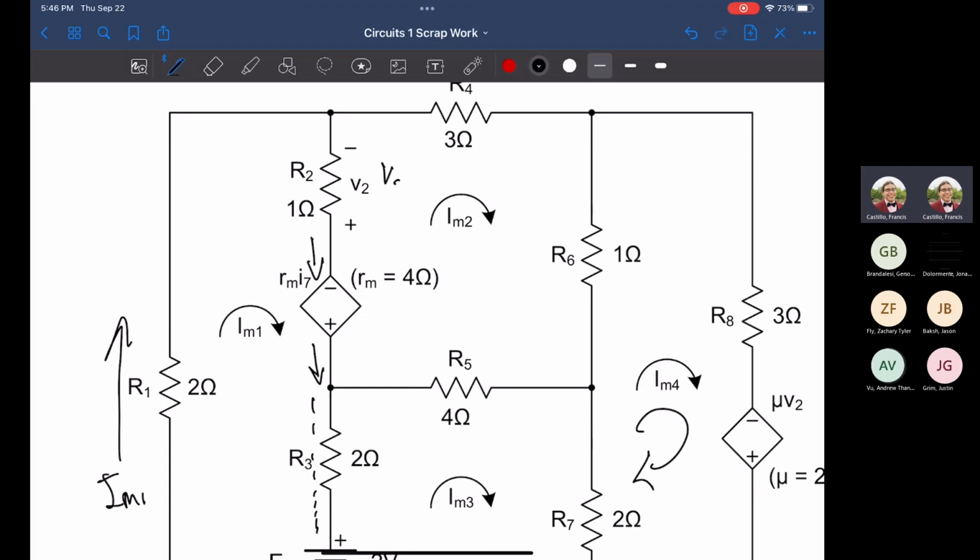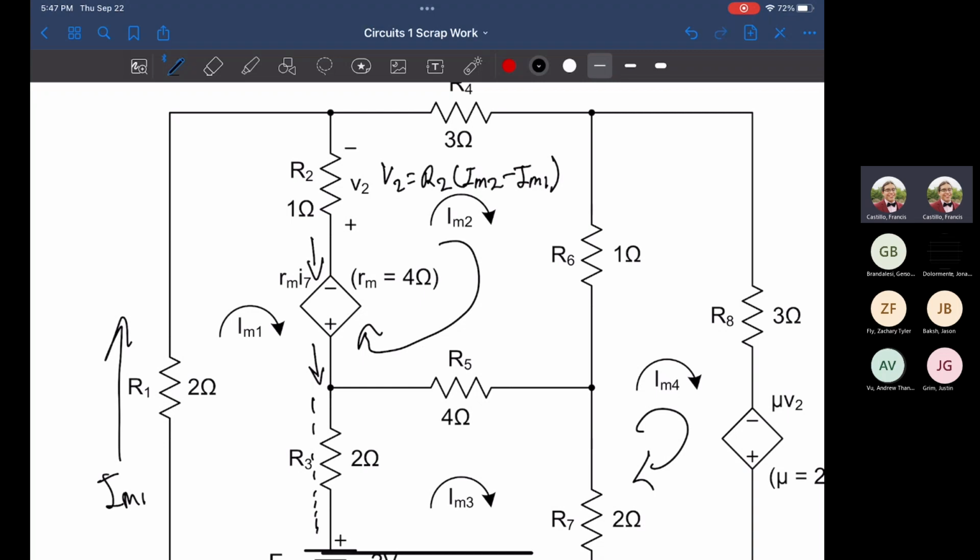So V2 is equal to R2 times the currents, which is just going to be a difference between mesh 2 and mesh 1. In our case, the current that is traveling against our dependent source is IM2, so we're going to list that first.